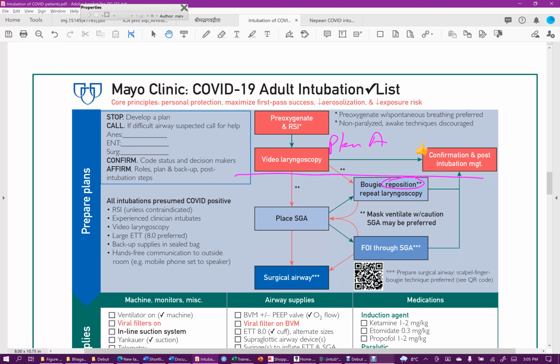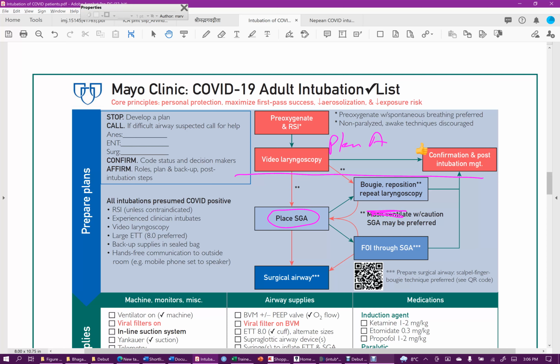If this fails, in a non-COVID intubation, what we would often do is mask ventilation. However, in an airborne precaution intubation, we try and avoid this, and rather than this, you can put in a supraglottic airway, such as an LMA, and the reason for that is that this will avoid the aerosolization.